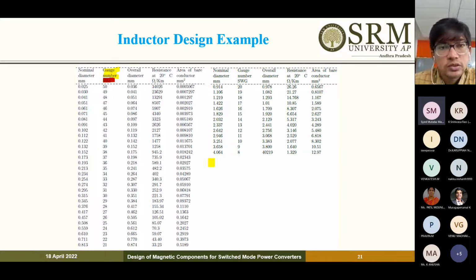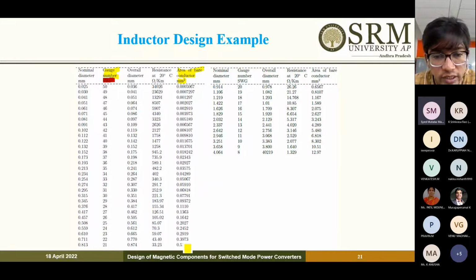Here you can see the area of bare conductors in mm square. How much we got? We got 0.6 mm square. So where is it? If you see here, SWG 21 has 0.5189.